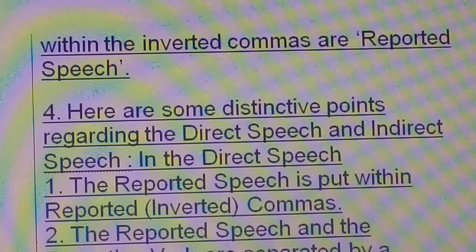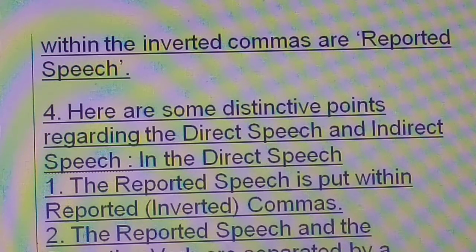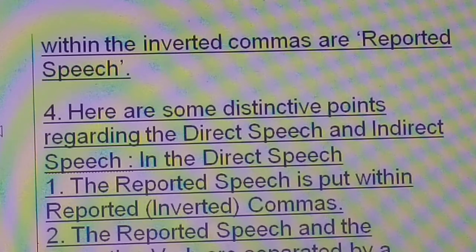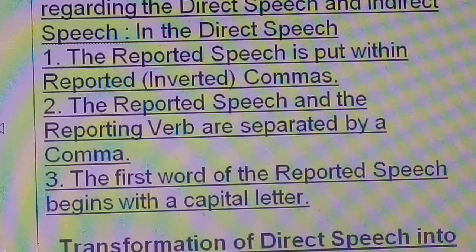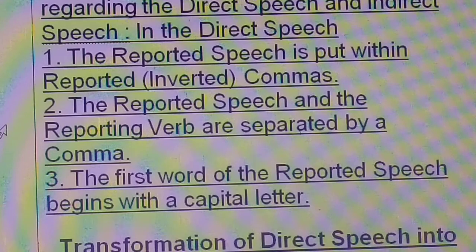Here are some distinctive points regarding the direct speech and indirect speech. In the direct speech, the reported speech is put within inverted commas. The reported speech and the reporting verb are separated by a comma. The first word of the reported speech begins with a capital letter. So note these points, children.